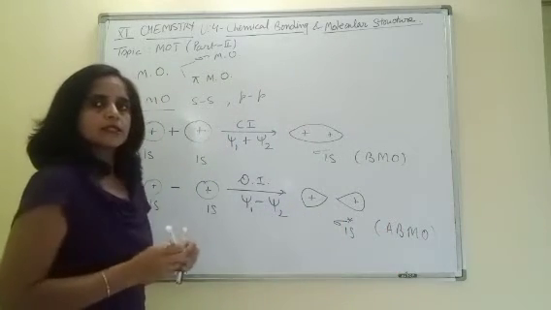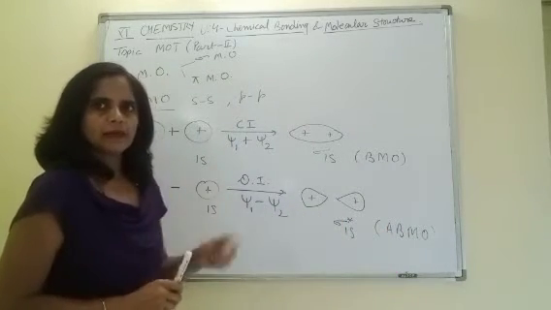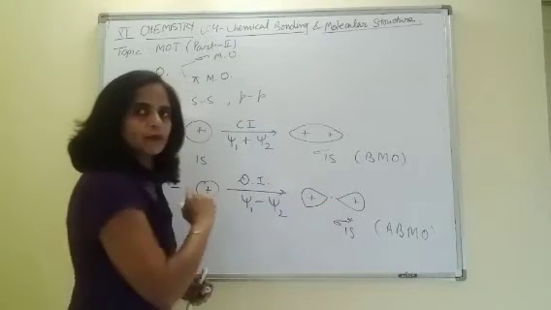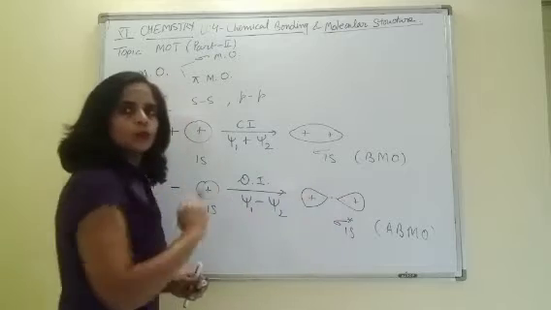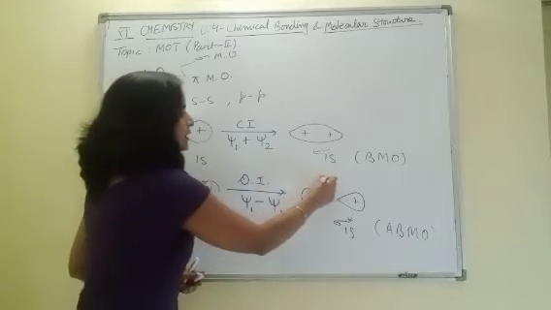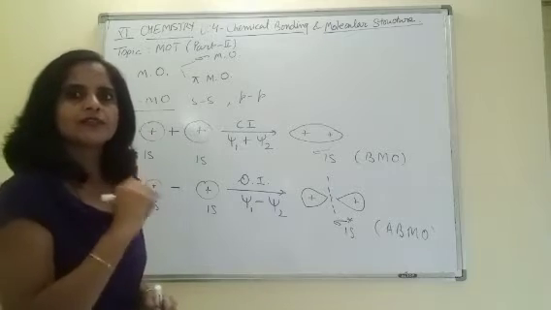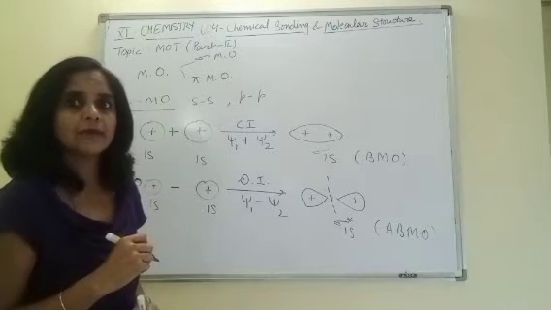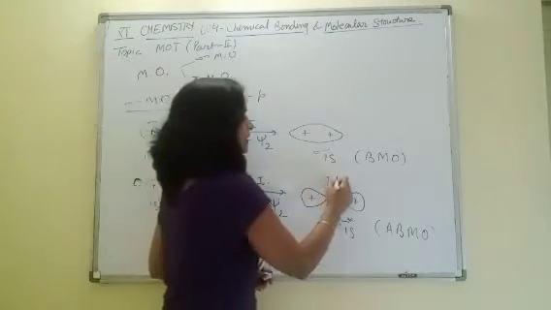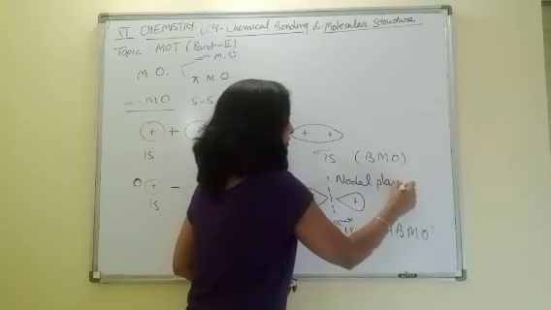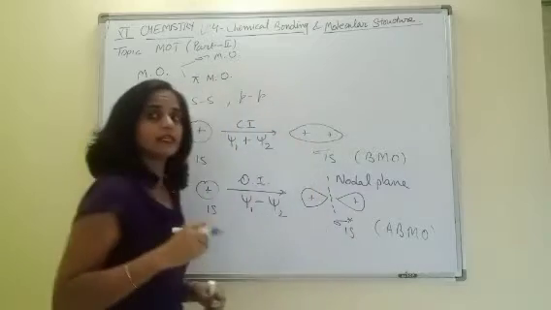Now, one important aspect here, just look at this point. Between these two parts, electron density is 0. So the part of 0 electron density is termed what? Yes, nodal plane. We discussed this in the atomic structure unit.